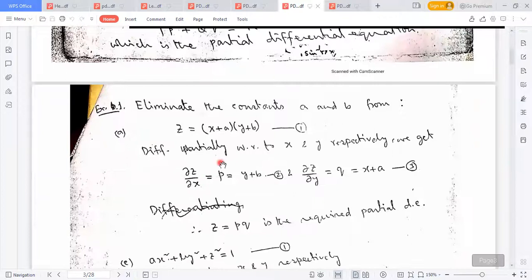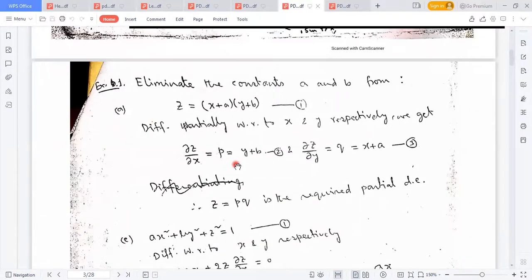Okay, now one example of how to form a partial differential equation. Eliminate the constants a and b from this. There is the dependent variable z and independent variables x and y. Okay, so this is a function of two variables.